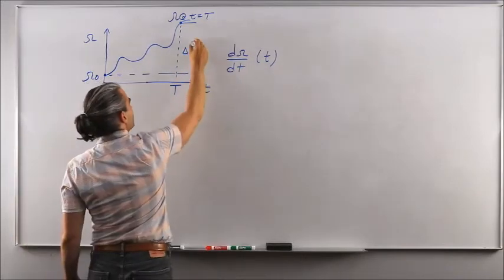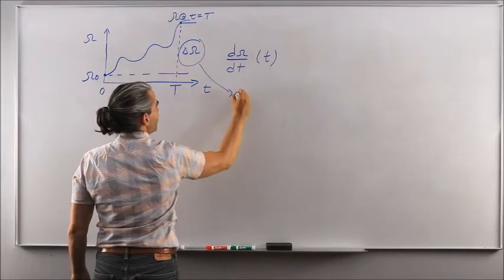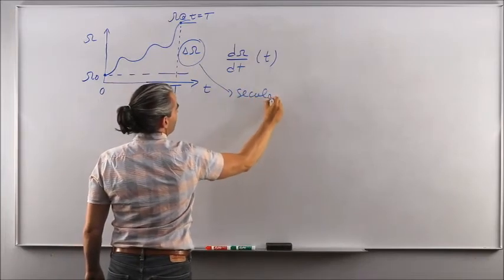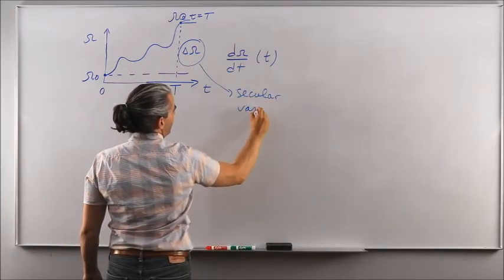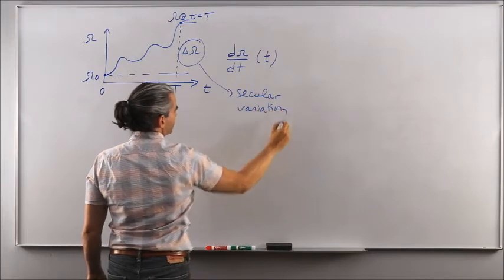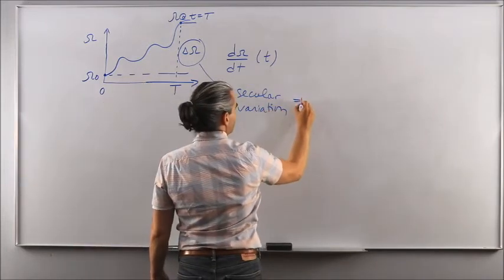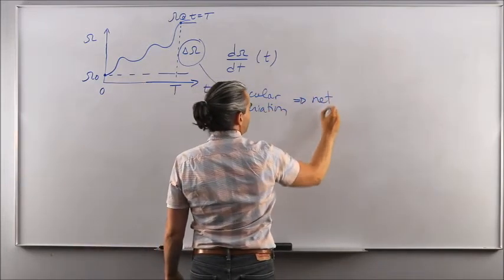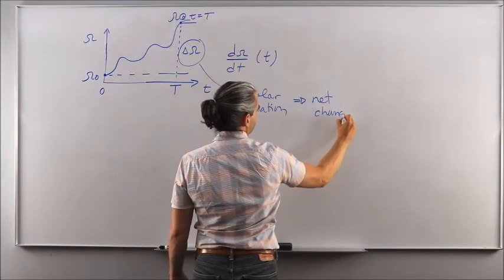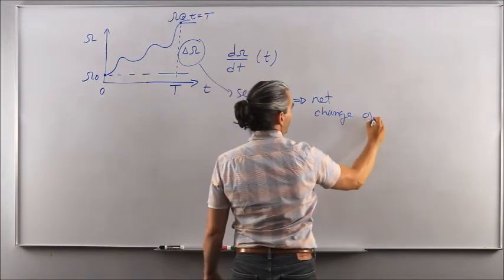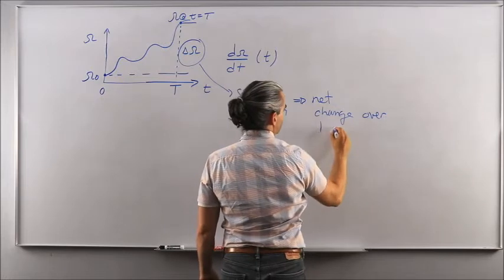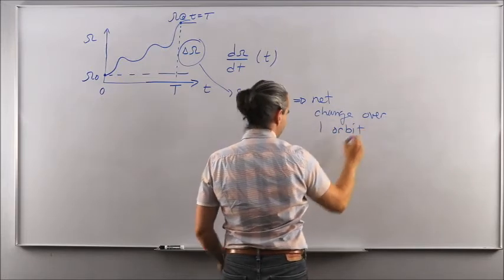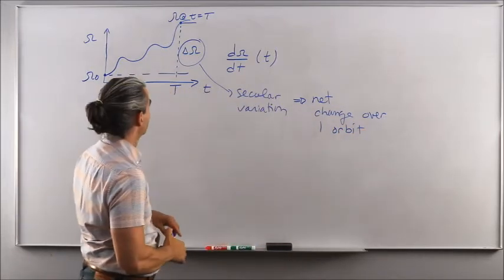And this is what we call secular variation, which is the same thing as net change over one orbit in terms of radians. Okay?